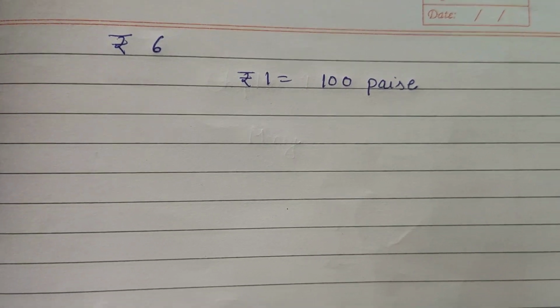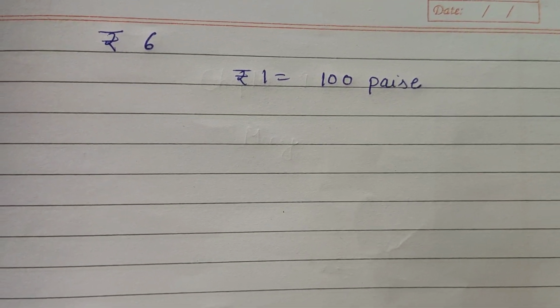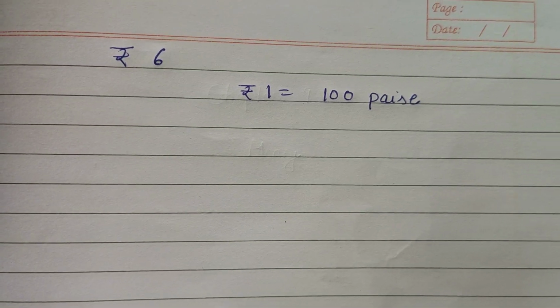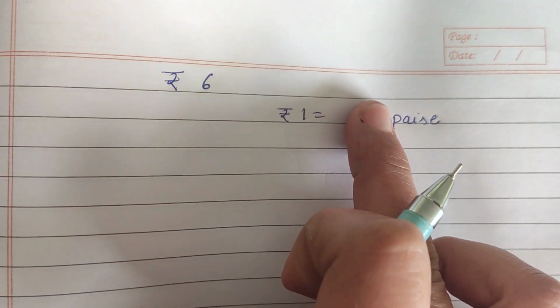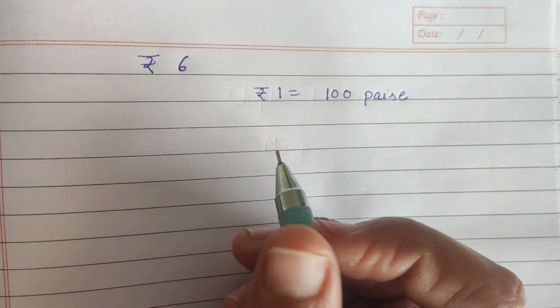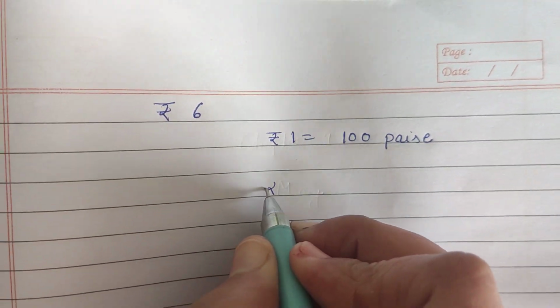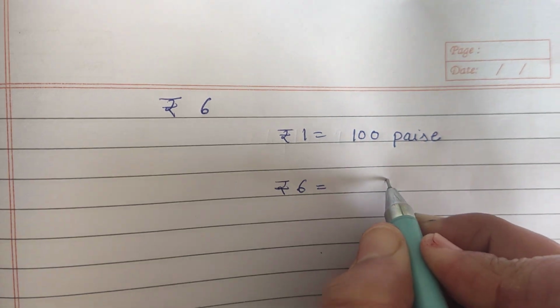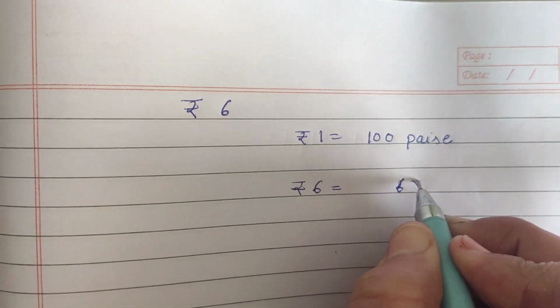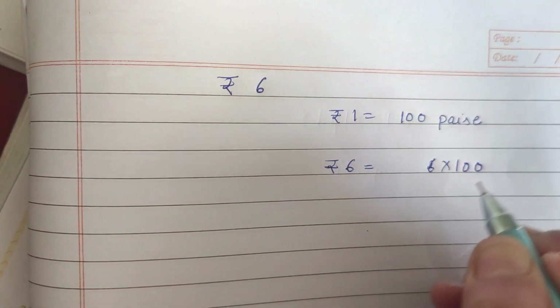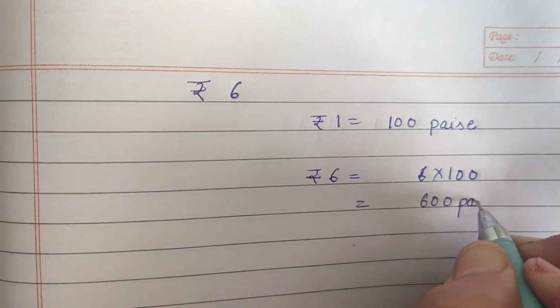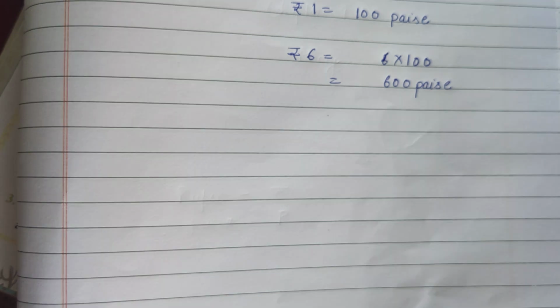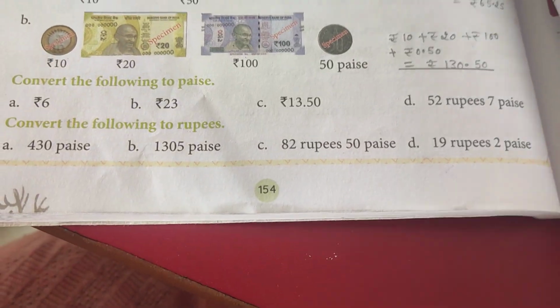As we have done the calculation in the chapter on measurement, similarly whenever we are converting bigger to smaller, we will multiply. So rupees 6 is equal to 6 multiplied by 100, that is equal to 600 paise. Similarly, in this way we will do all the calculations.